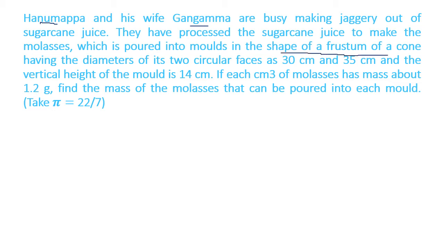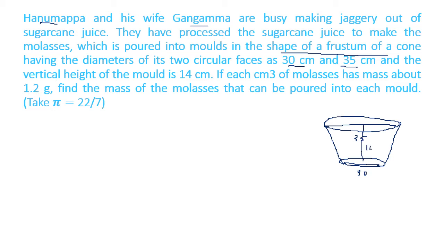The mold is in the shape of a frustum, having diameters of the circular faces 30 and 35 cm, and the vertical height of the mold is 14 cm. If each cubic centimeter of molasses has a mass of 1.2 gram, find the mass of the molasses that can be poured into each mold.